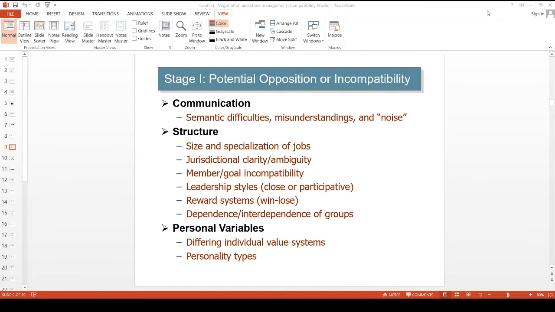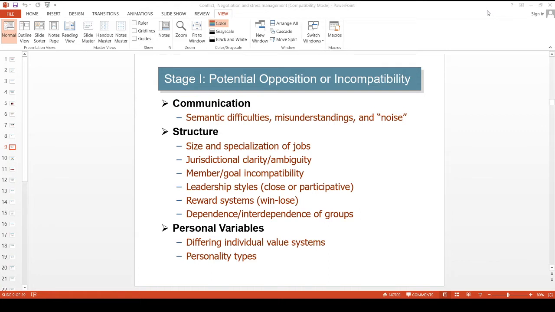Then the diversity of goals among the groups is a major source of conflict. The more diversified the goals on which the group members are focused, the more chances of conflict there will be. Similarly, the leadership style may play a very important role in creating conflict. There can be different styles of leadership, for example, closed leadership or participative leadership.